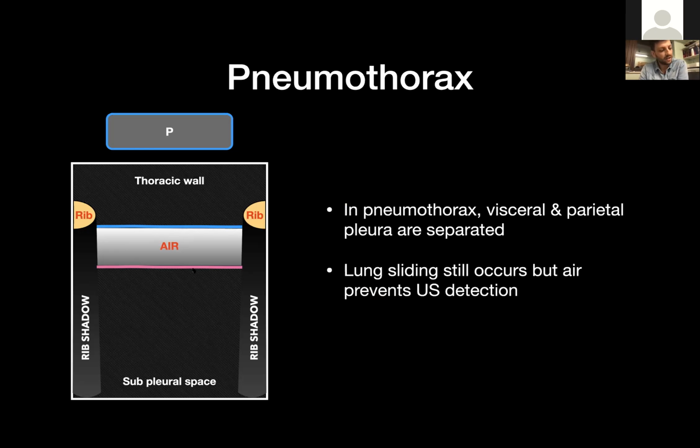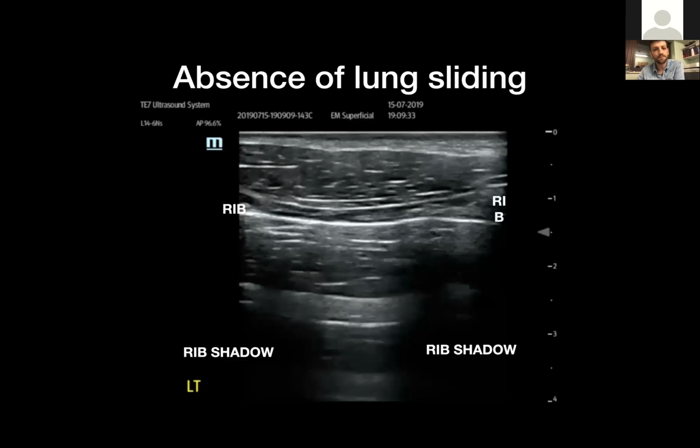If there's a layer of air between them, then all of that ultrasound beam is going to reflect off that air before we see that visceral pleura moving with lung inflation. And the lungs will still inflate even if there's a pneumothorax, we just won't see it.